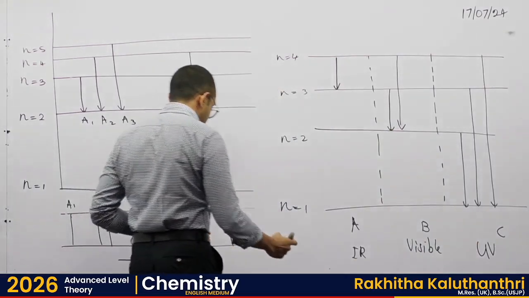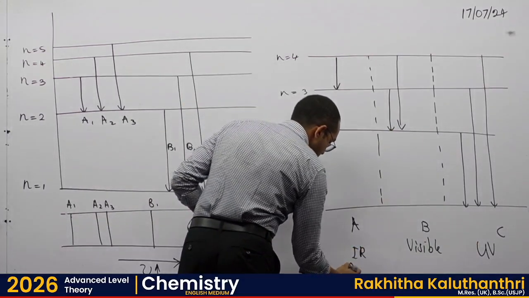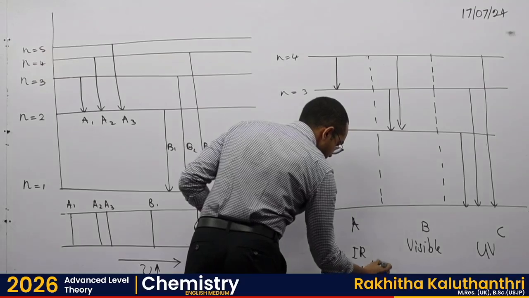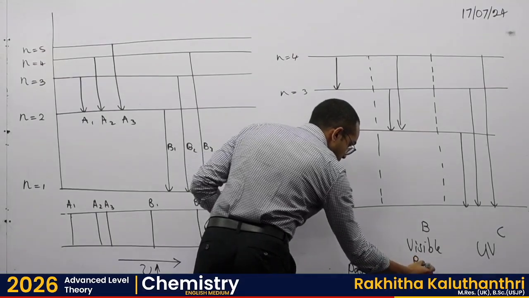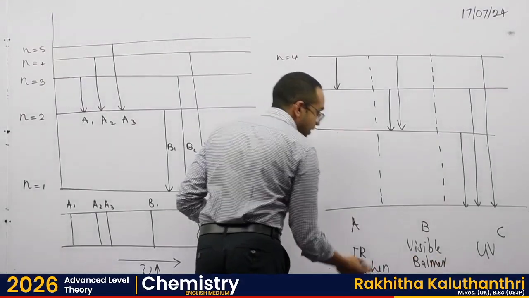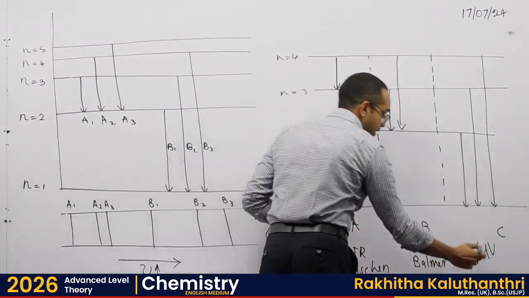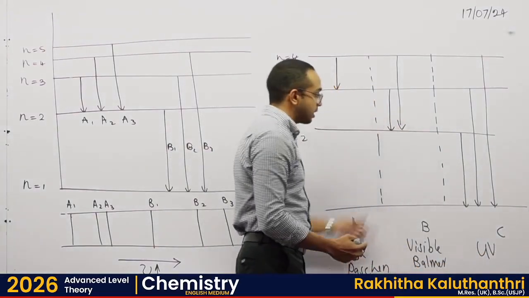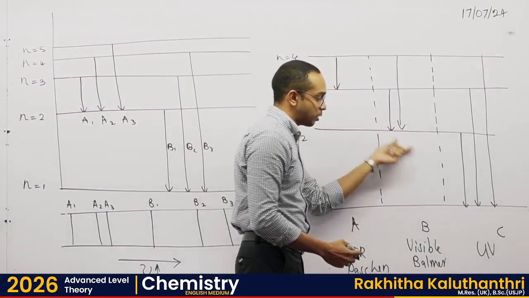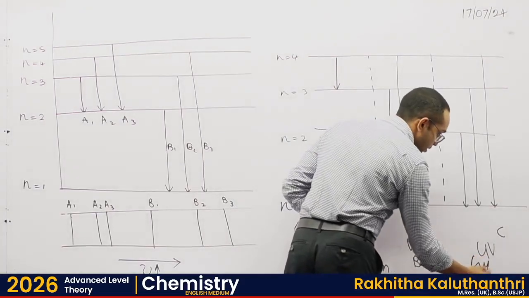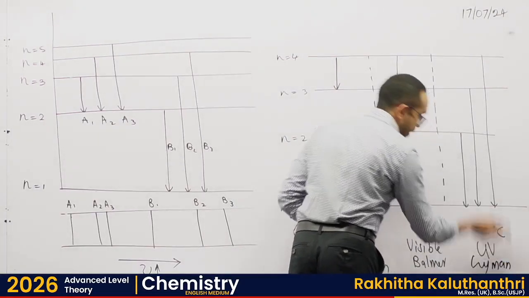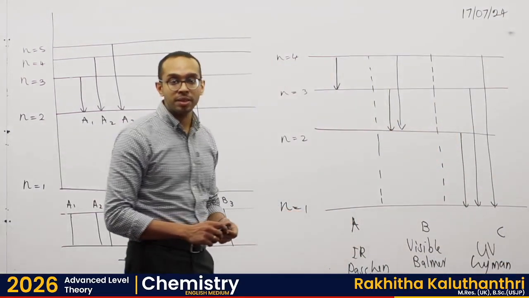And to go a step further, we can write this is Paschen, this is Balmer. Now these are names of scientists that explained this part of the series. So Paschen explained this part of the series, Balmer explained this part, and Lyman, he would have explained the UV region of the hydrogen emission spectrum.